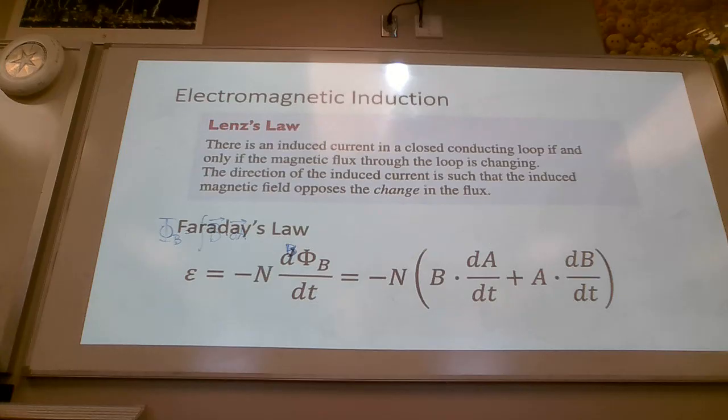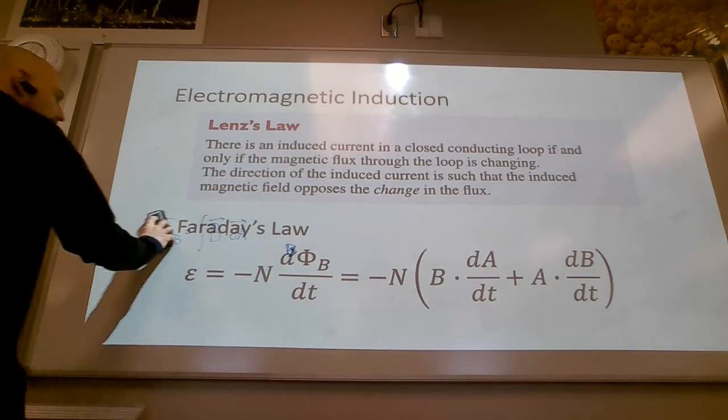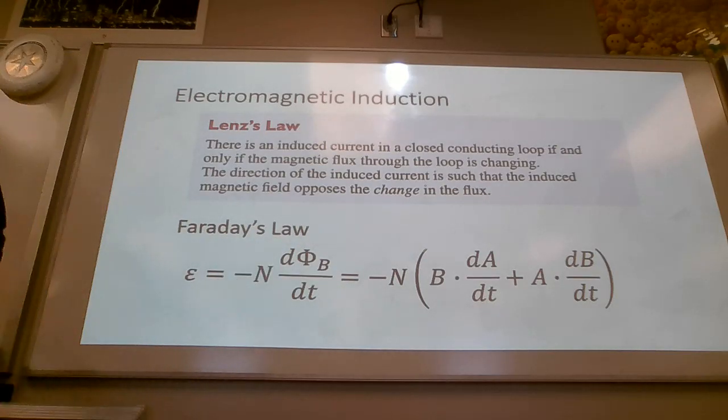All right. So Lenz's law. This is more of a conceptual idea. This is saying if there is an induced current in a loop, then the magnetic field that is created by that is in opposition, is in the opposite direction of the change in the magnetic flux.